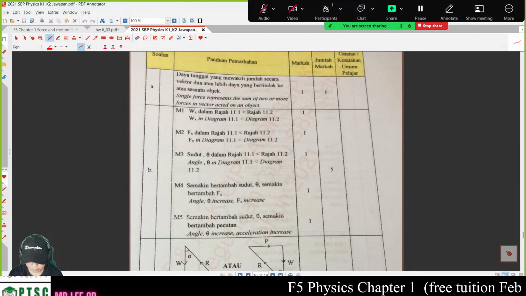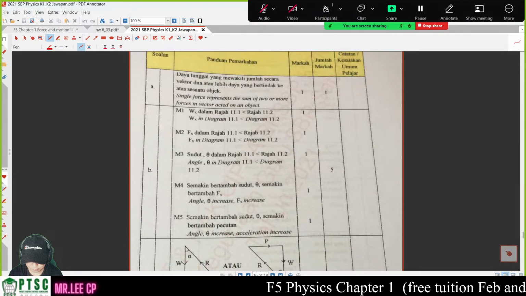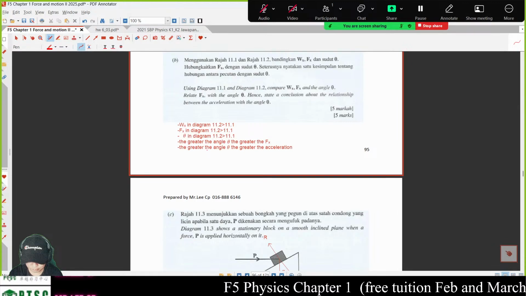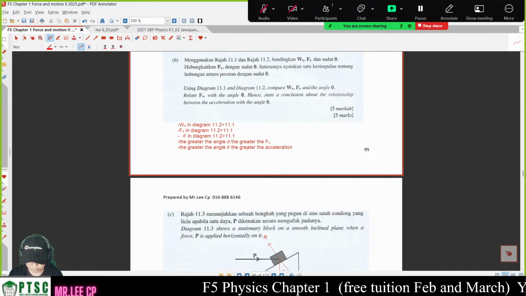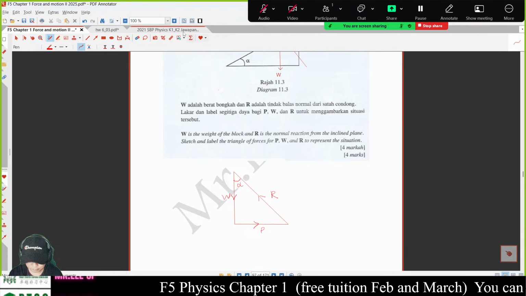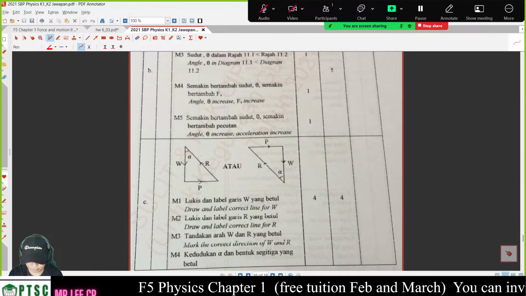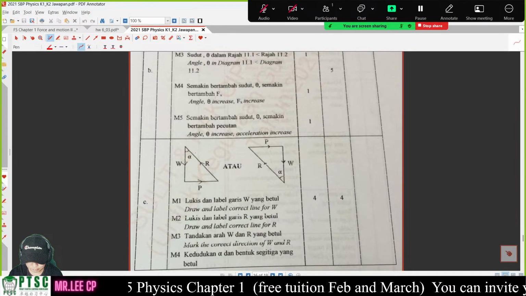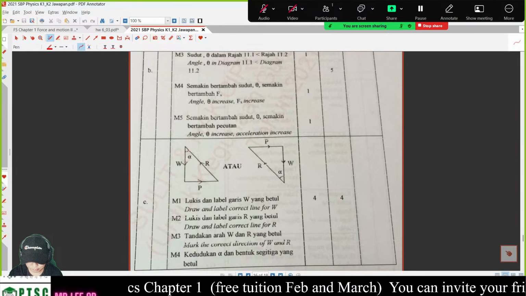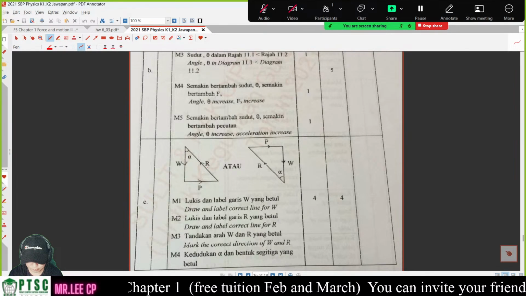Now, angle increases, F x increases. Angle increases, acceleration increases. It should be the same. The greater, you can use increase, up to you. So W, P, R, theta. Either one will do. So I just do one only.